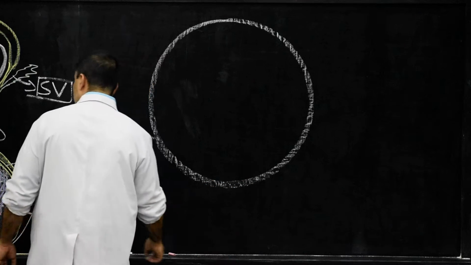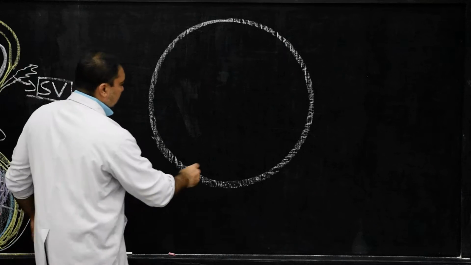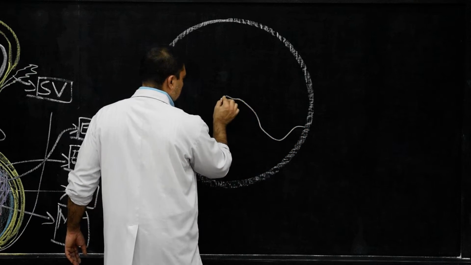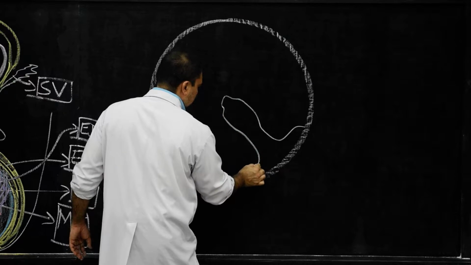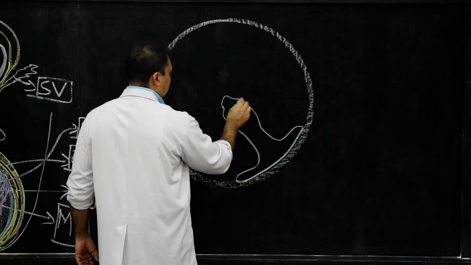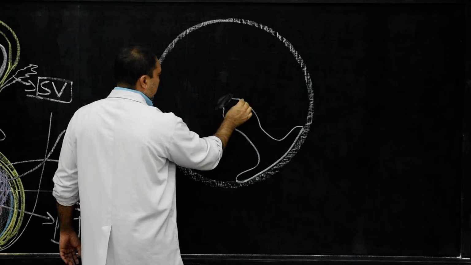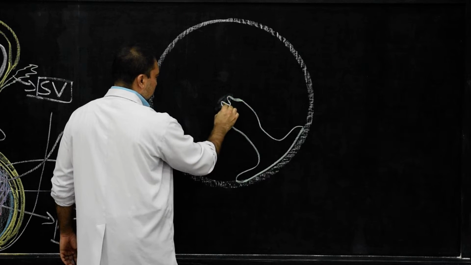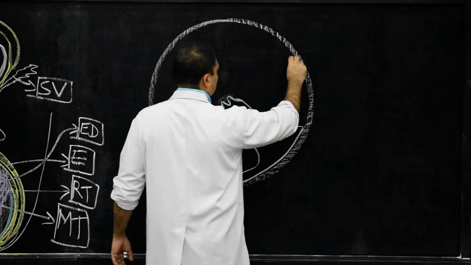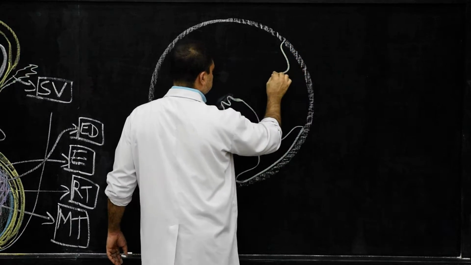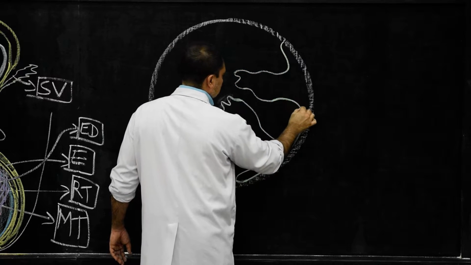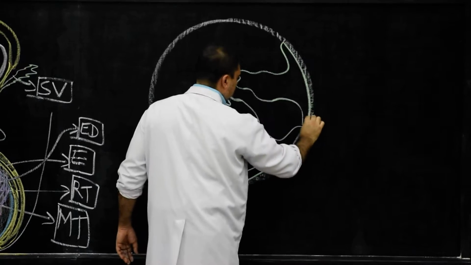As we draw these cells extending from the basement membrane till the lumen, this is how the cells of Sertoli will be present. This is one cell, and here in the lumen it will have a structure like this. Similarly, over here, if we draw this, this is how the cell of Sertoli will be present.